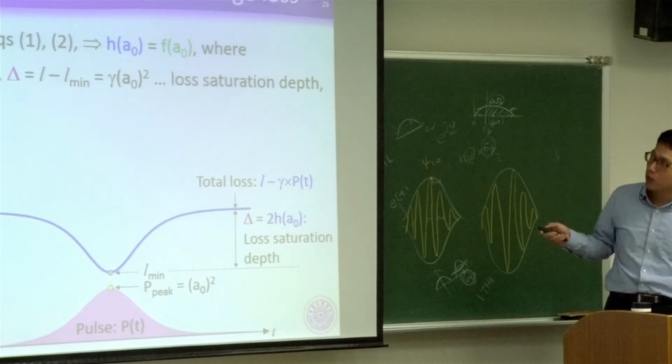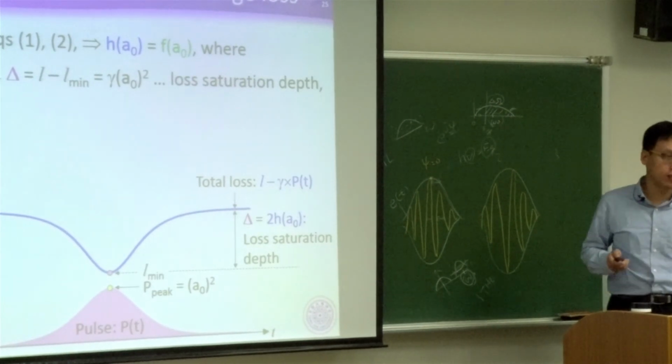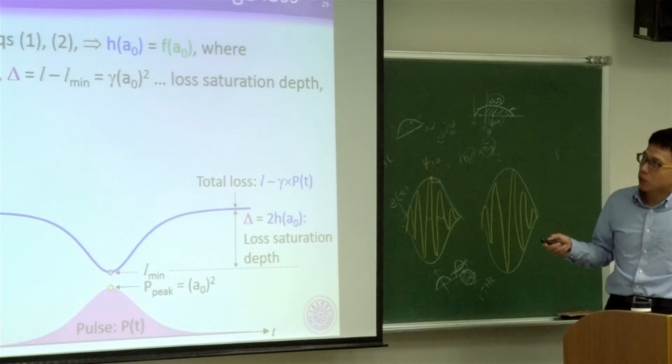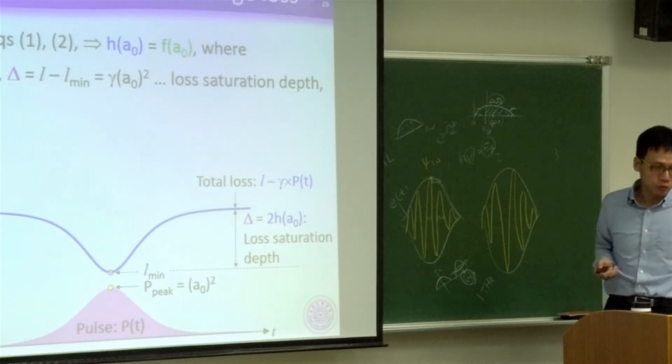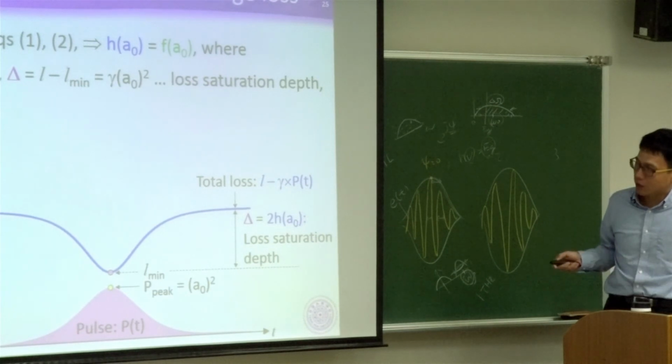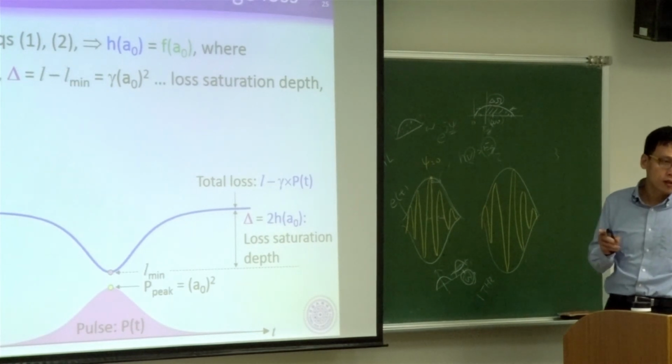Then what is the meaning of the first nonlinear function, h of A0? H of A0 equals delta over 2, where delta equals L minus L minima. So let's see here. This is L. When there is no power, the loss is L. L minima is the minimum loss.